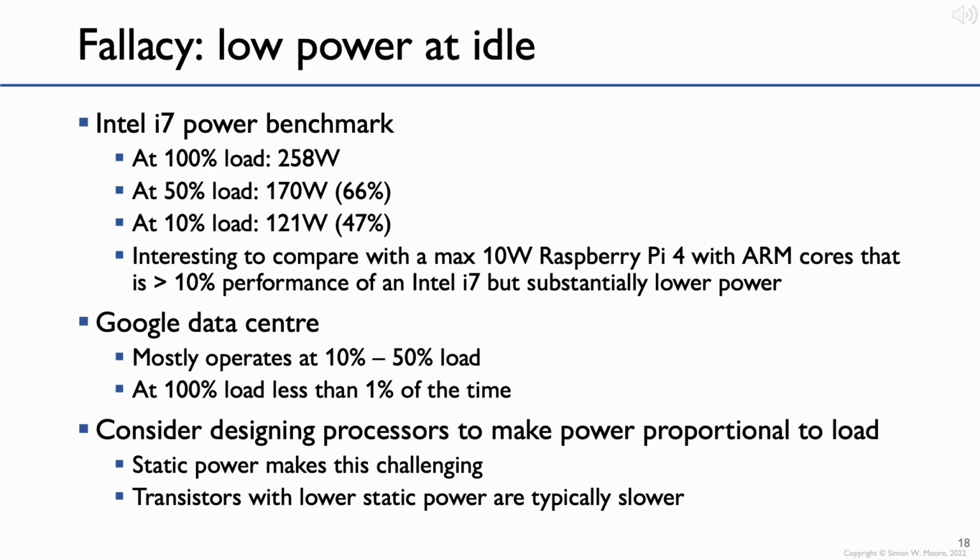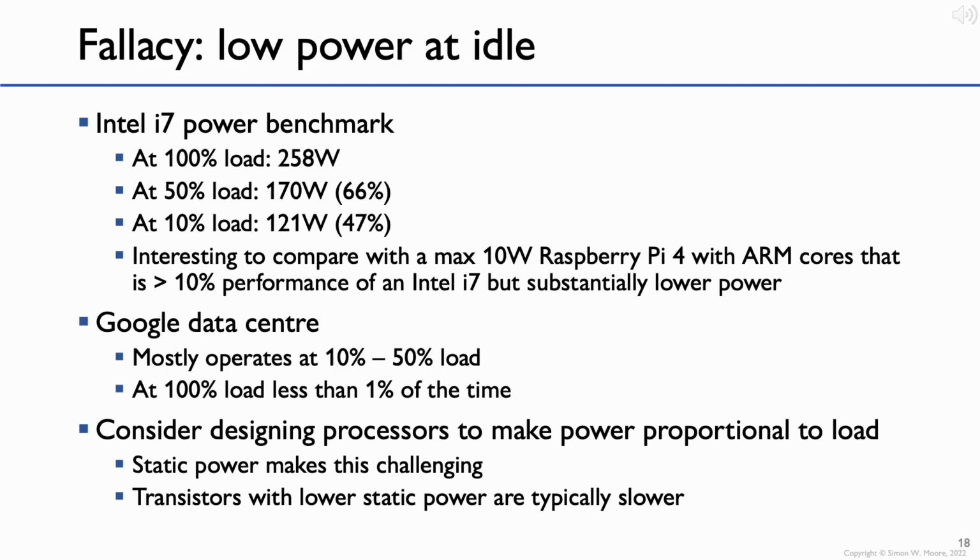So, the Raspberry Pi 4 is using a fraction of the power, but is definitely much more than 10% of the performance. So that's interesting, and that's one reason why things like mobile phones have ARM processors in them that are highly power efficient, and desktop machines that need to run legacy x86 software tend to run these complex instruction set processors like the Intel i7.